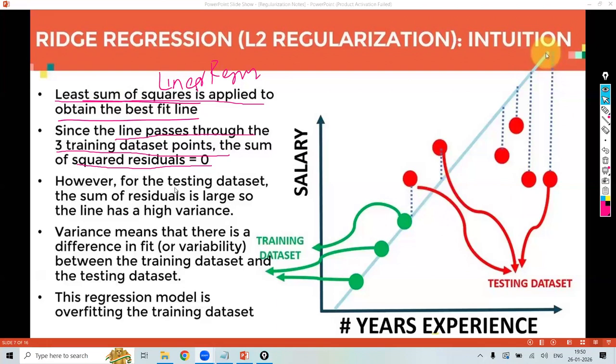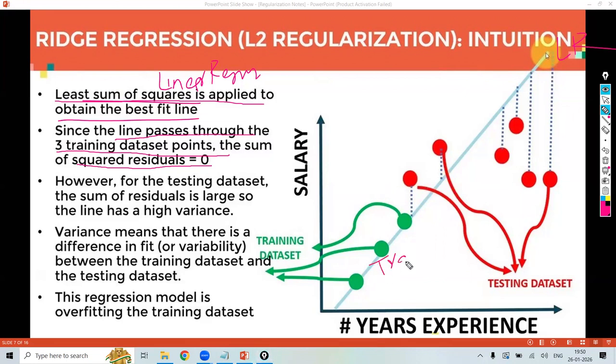Right? Now, however, on the testing data, the sum of the errors is very high. In this case, what happened? Train error is very low, test error is very high due to this line. The overfitting problem you can clearly see is due to this line. What is this line? The linear regression line. Due to the linear regression line, have you observed the train error?